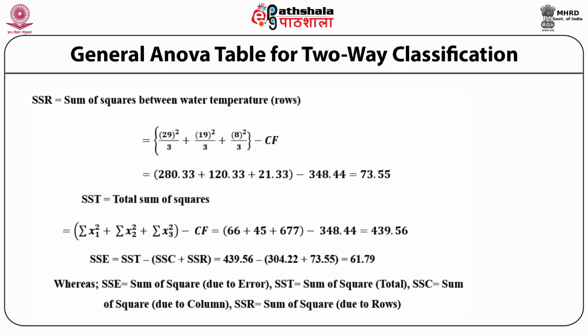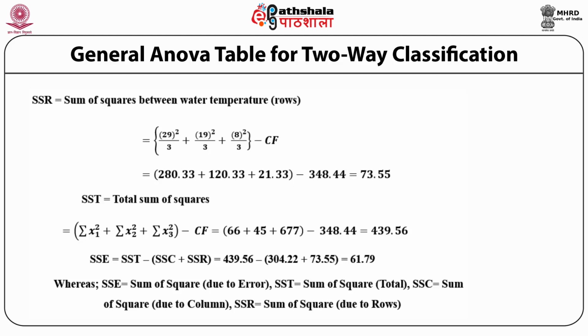The SSE is equal to SST minus SSC plus SSR. So it is 439.56 minus 304.22 plus 73.55, and it gives the value 61.79.